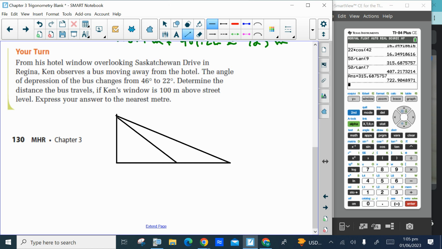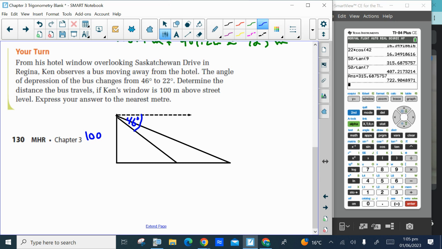This diagram would look something like this. So the height of this triangle is how high the window is above the street. That's 100 meters. The first angle of depression is 46 degrees. So that will be when the bus is closer to the hotel.